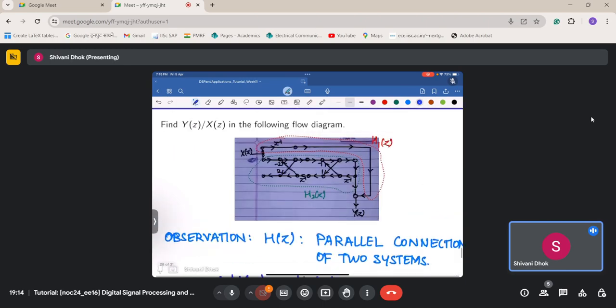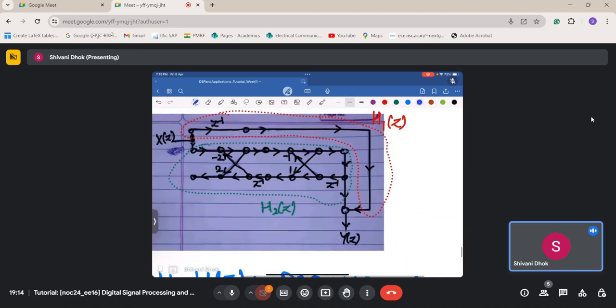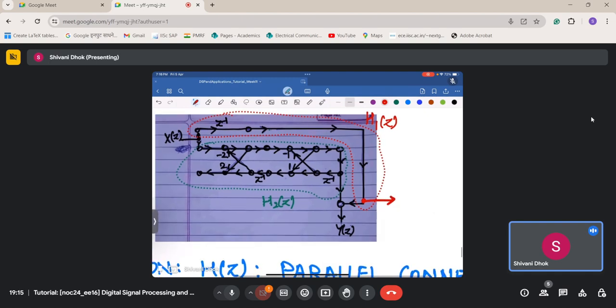Now look at this h1 of z. What is happening here? Your x of z is going here, getting multiplied by z inverse, and then you are getting this point here. If I mark this point, this is simply z inverse into x of z.